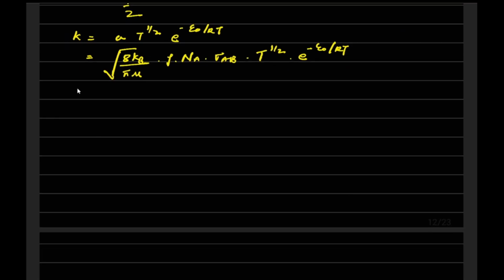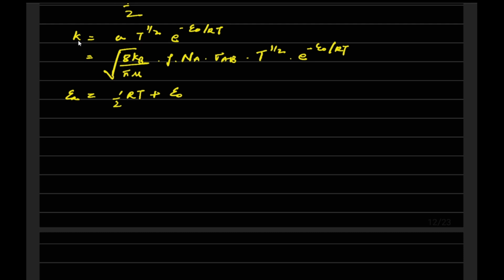When this is k, then we have activation energy, that is nRT plus E, where n is 1 by 2. So RT plus E is the energy, so this is E naught.